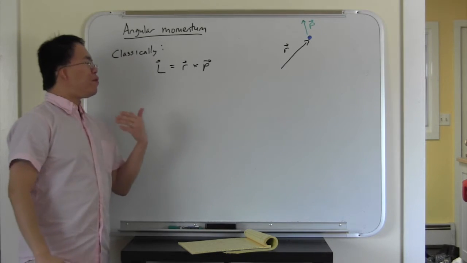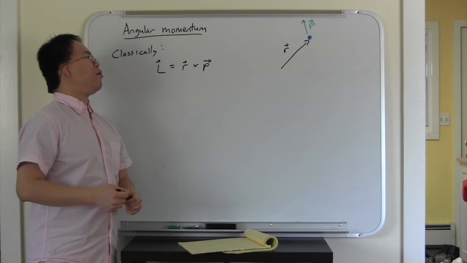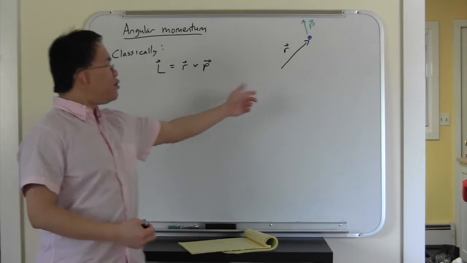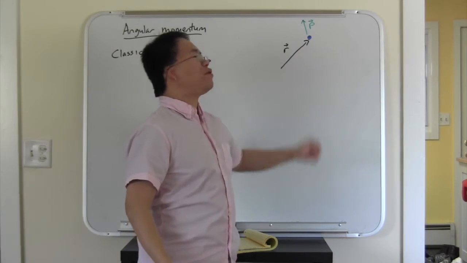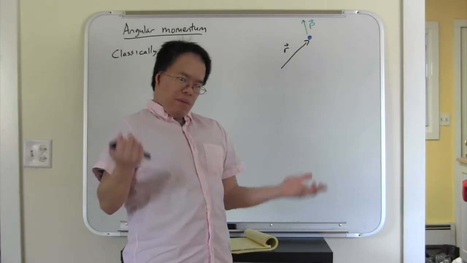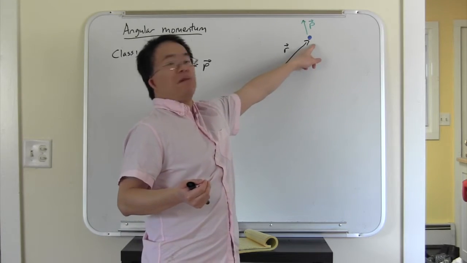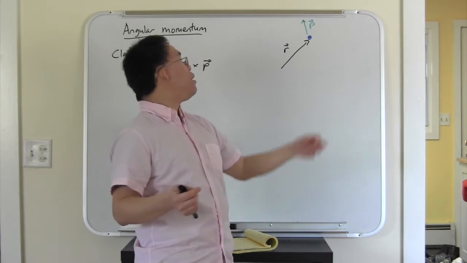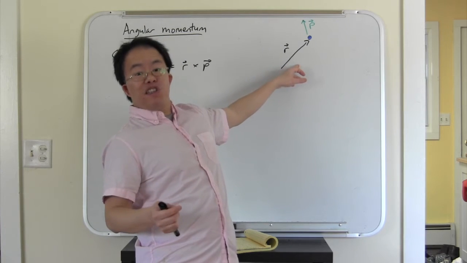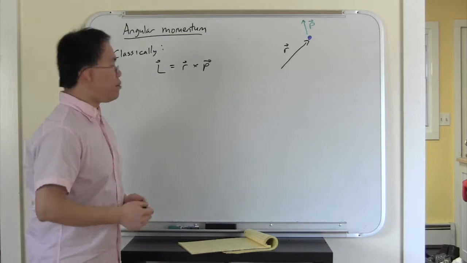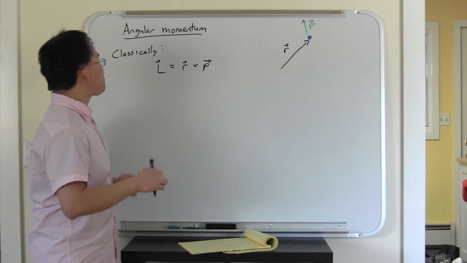Now, ultimately we're going to be interested in the electron as our particle, so we'll be thinking about operators and variables having to do with the electron and its momentum, as well as the electron's position relative to the nucleus. So just keep that in mind.